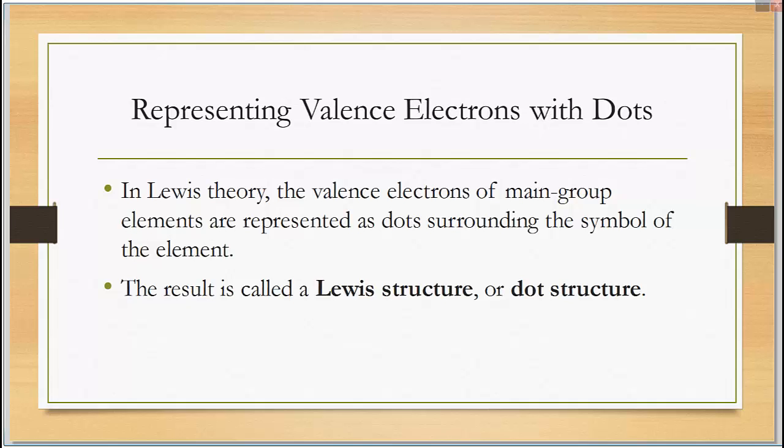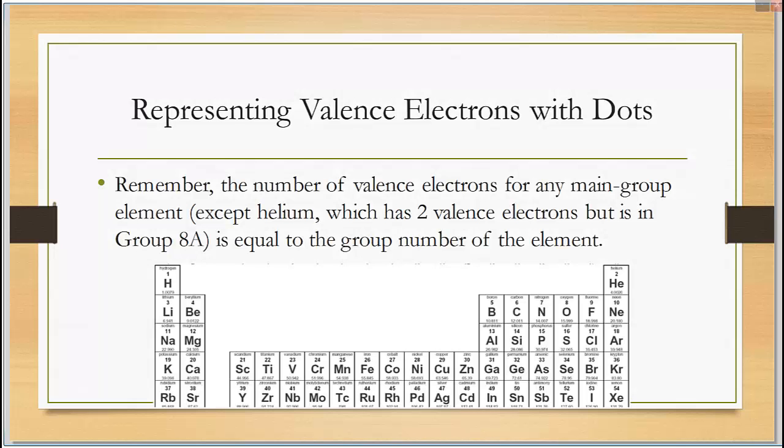So in the Lewis theory, the valence electrons of main group elements are represented by dots surrounding the symbol of the element. And this is what we refer to as the Lewis structure or the dot structure. For valence electrons, we talked about them with electron configurations. The group that it's in is how many dots it should have, because that's how many valence electrons it has.